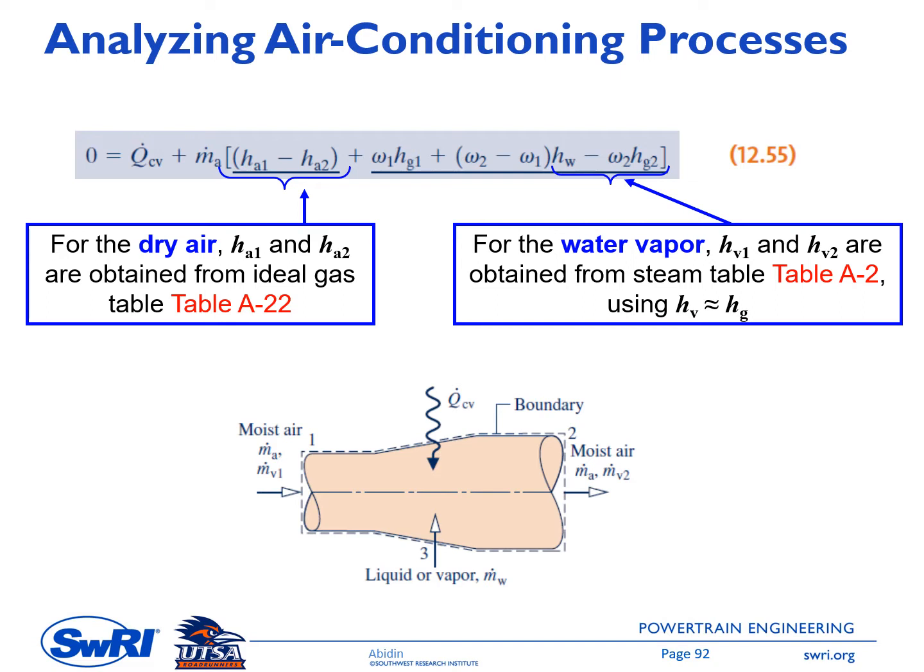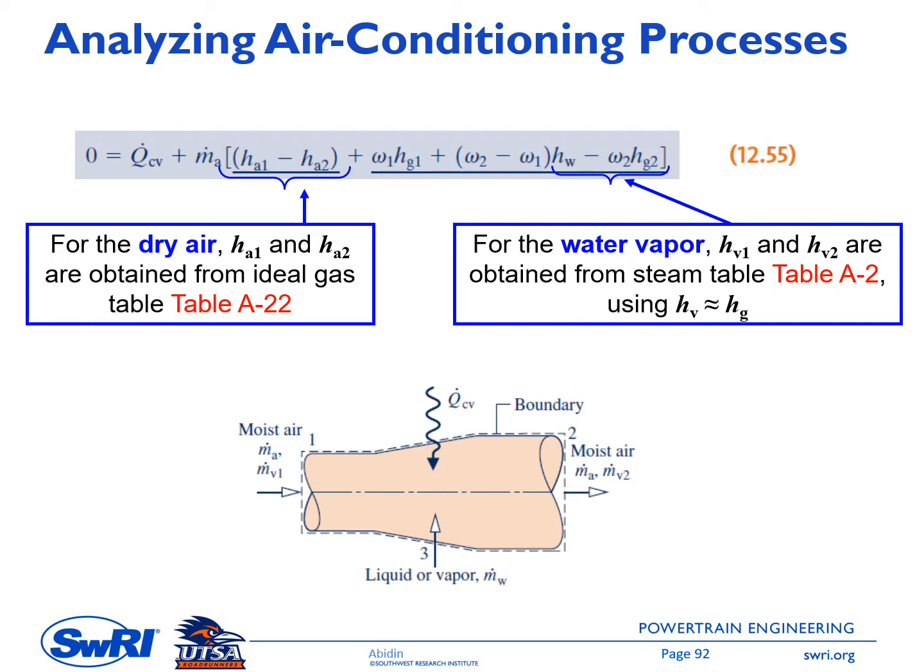So on the right side we have Q dot cv, and then the next term is from the dry air, so we have h_a1 and h_a2. These two enthalpies can be obtained from table A22 because it is an ideal gas, or table A22E for the British units.